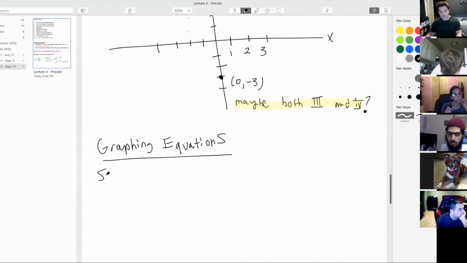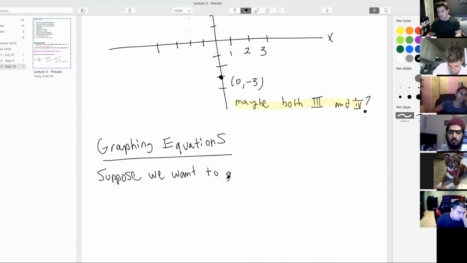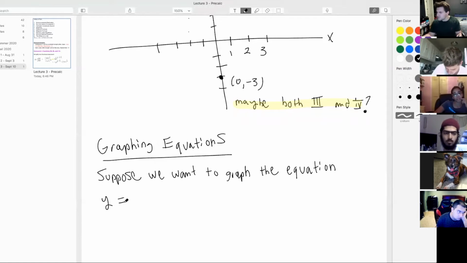All right, so here's the setup. Suppose we want to graph the equation. It's going to look like this. Y equals, which one are we doing? Y equals x plus 2. Okay, we just want to graph what this equation will look like.